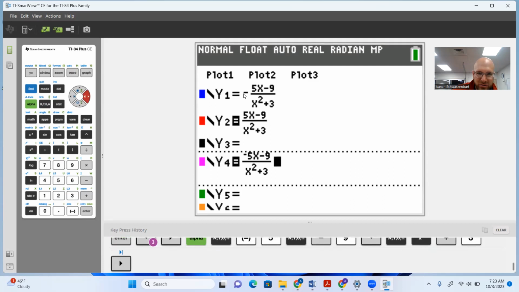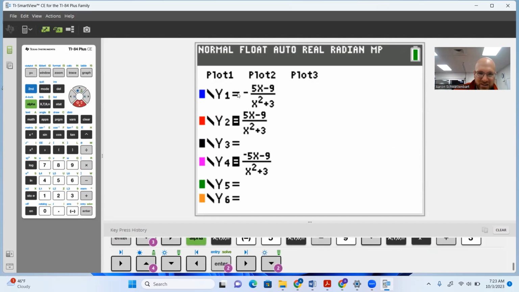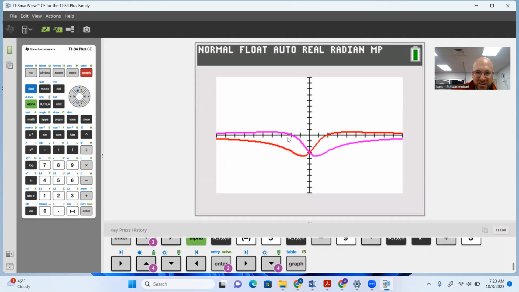So in order to hide the blue one, all I did was come here and highlight the equals. I hit enter to turn it on or off. When it's not highlighted, it's off. So I just have the red and the purple one showing. And we can see that they are reflections across the y-axis here.